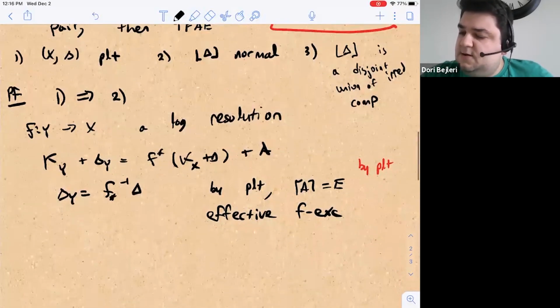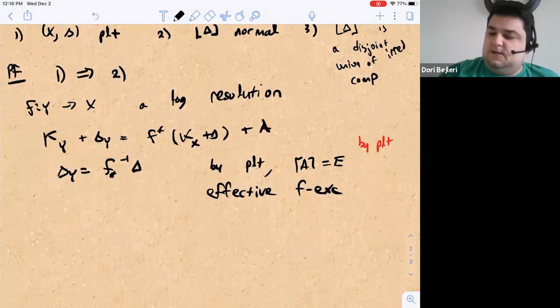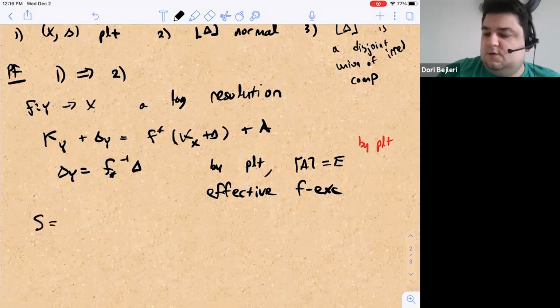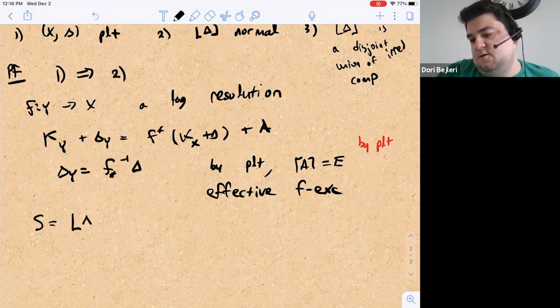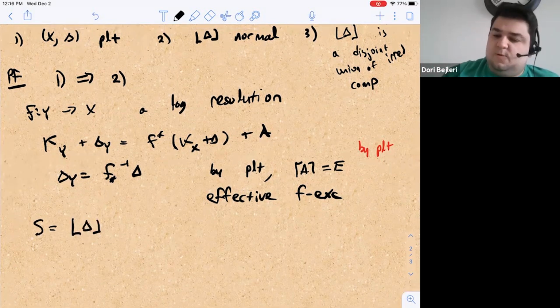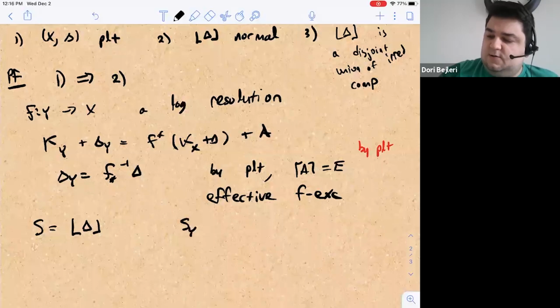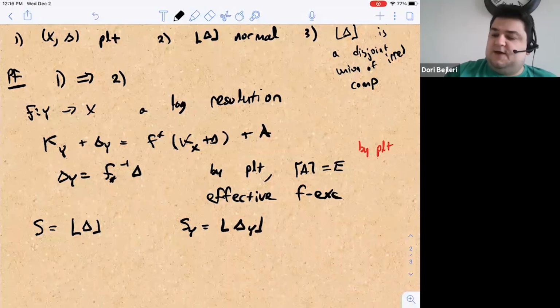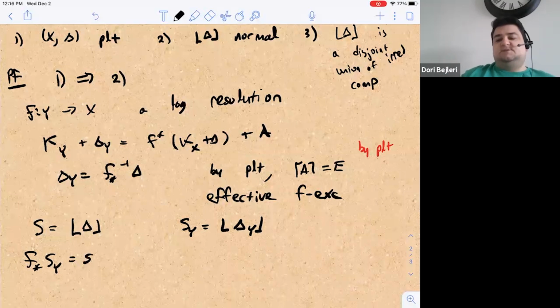Okay, so let's look at S, the round down of delta. This is the thing we want to show is normal. There's an SY, which is the round down of delta y, lying over S, and we have that the push forward of SY is S, just because delta y is a strict transform.